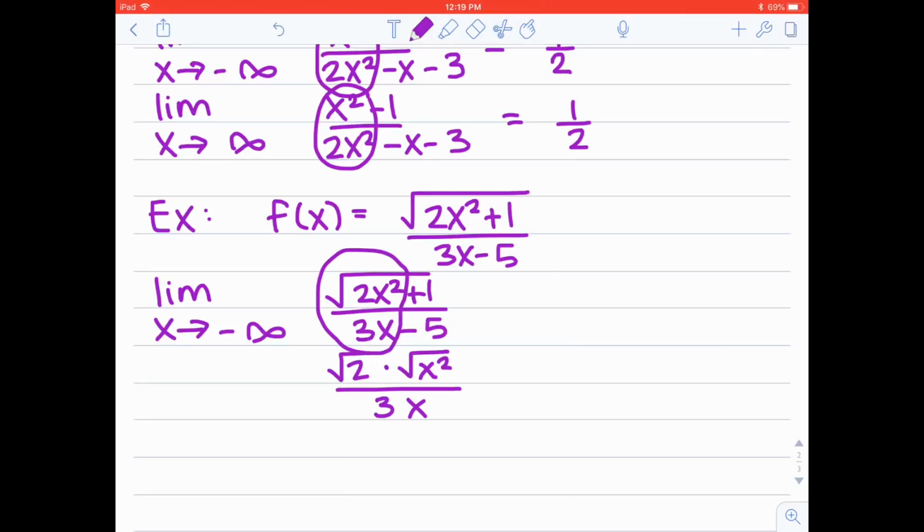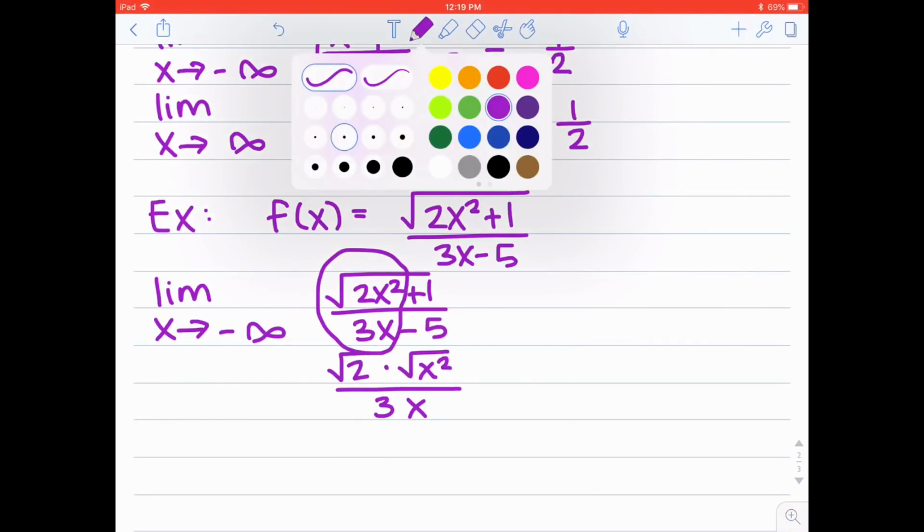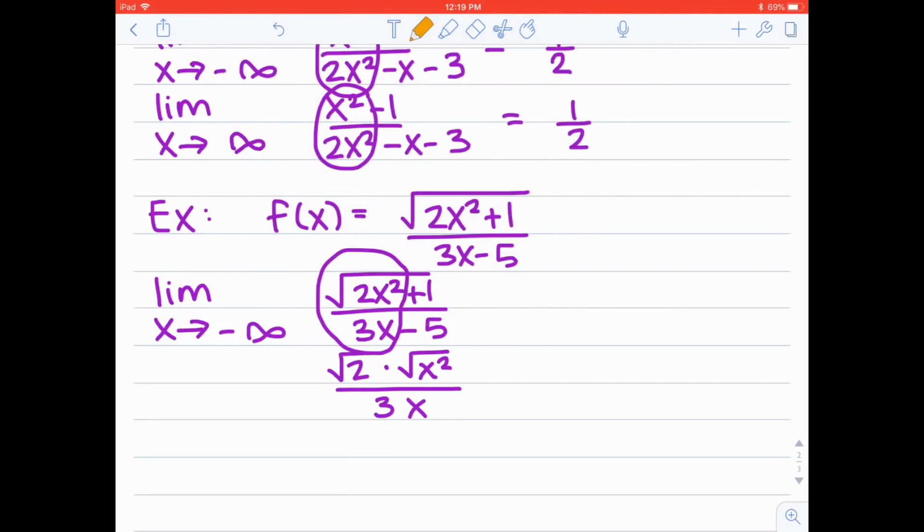So what you'll notice is that the square root of x squared is really just an x, right? I'm going to use a different color real quick, maybe orange. So this right here is just a plain old x, and what you have to think about is that negative infinity is being plugged into the square root of x squared.